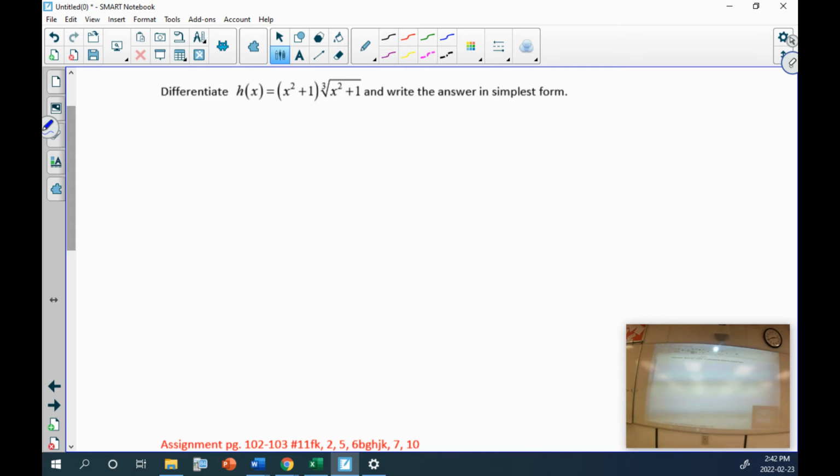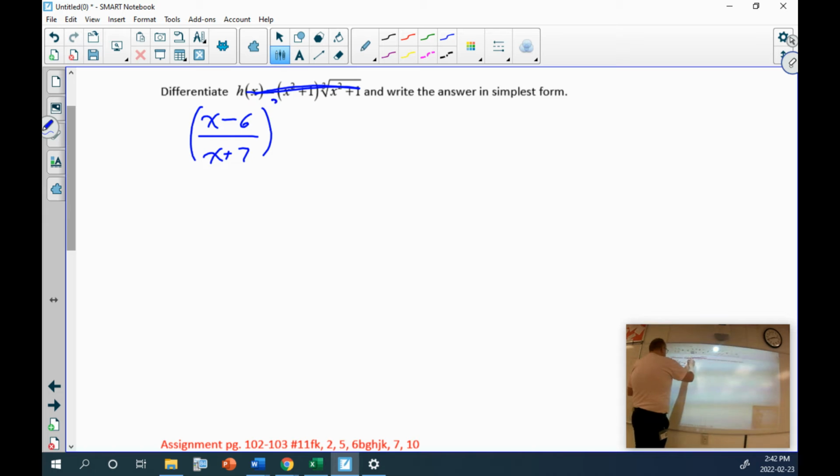Let's try something like this one, which is x minus 6 over x plus 7 to the power of 3. Right? Which we could do, not the worst thing in the world. Okay. Here, I have the outside function first, and then I have a quotient rule in here. Right?